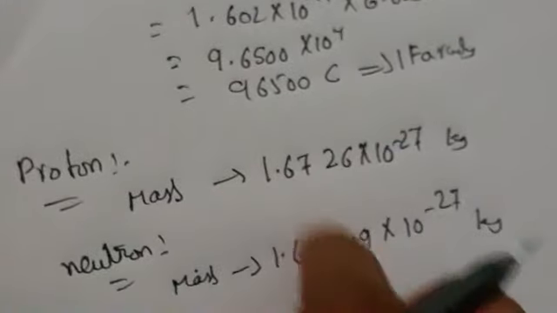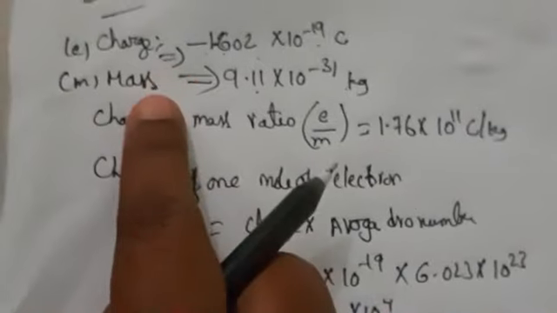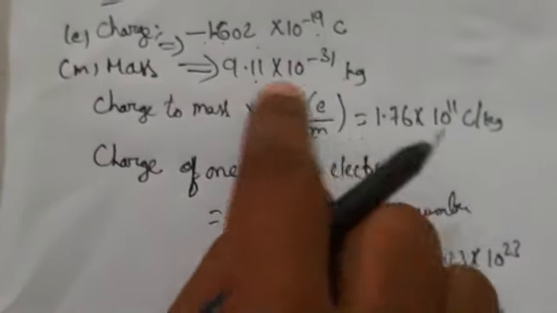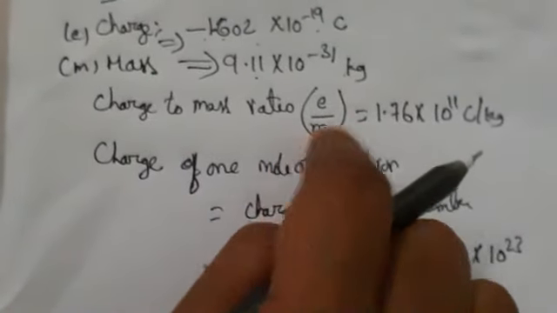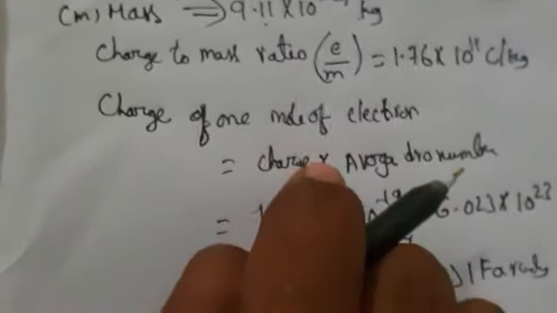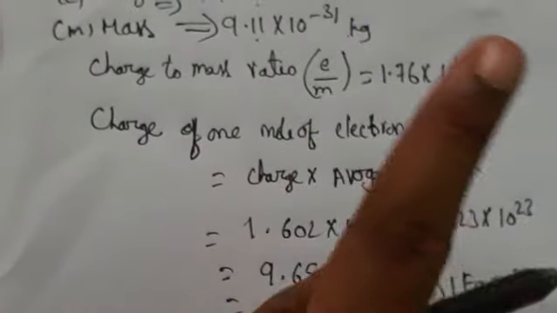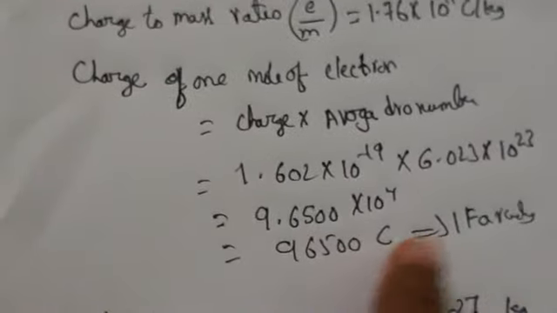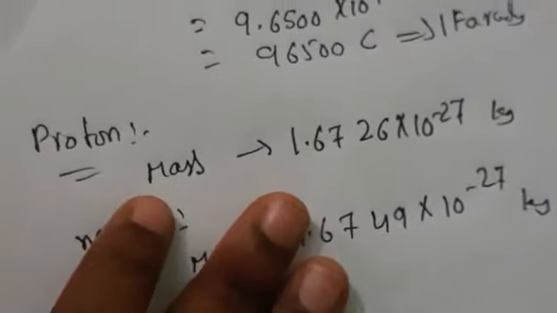So this is the mass of the proton, this is the mass of the neutron, this is the charge and mass of the electron. To find the charge to mass ratio for the electron, this is the formula, and to find the charge of one mole of electrons, this is the formula. So this is about electron, proton, neutron.